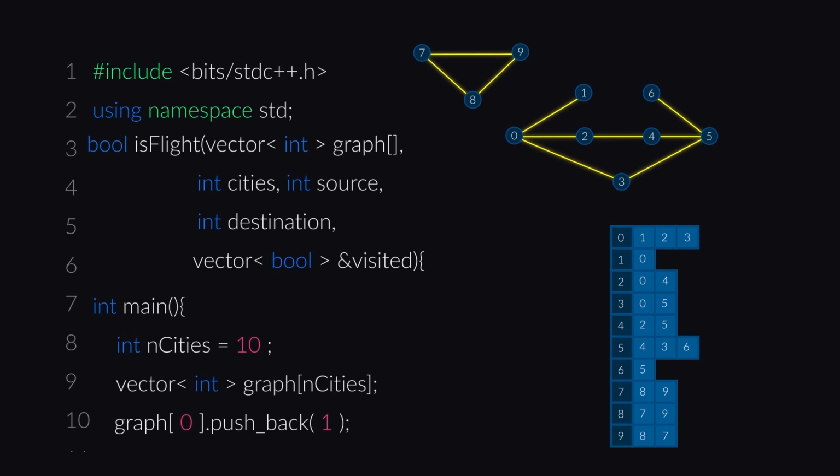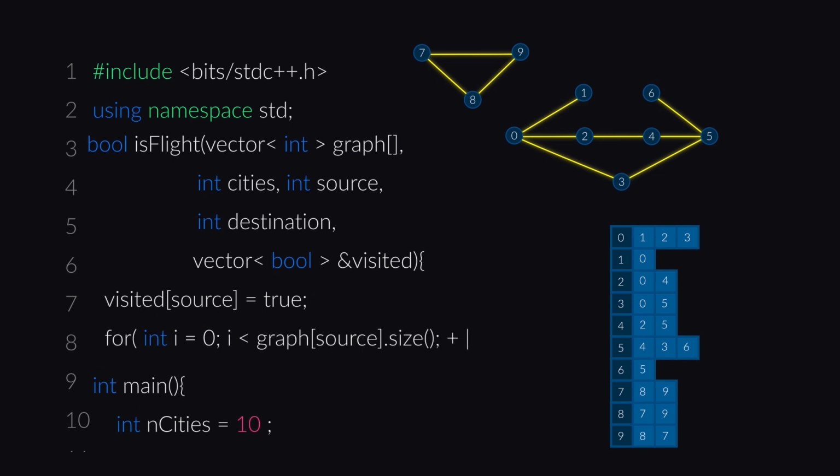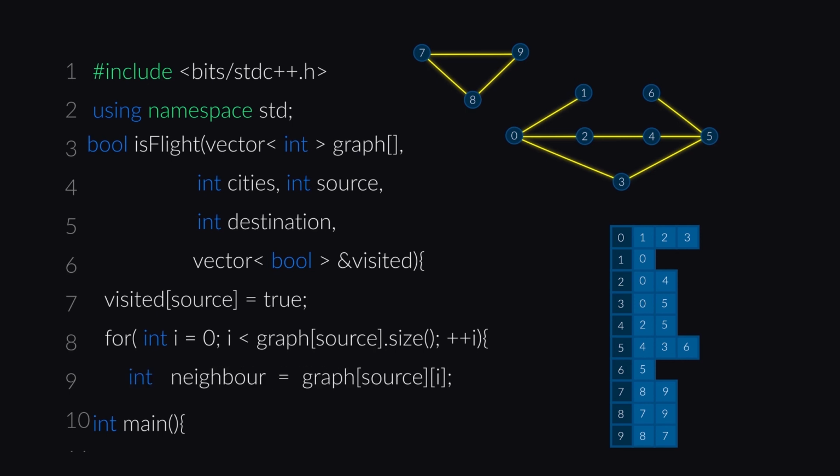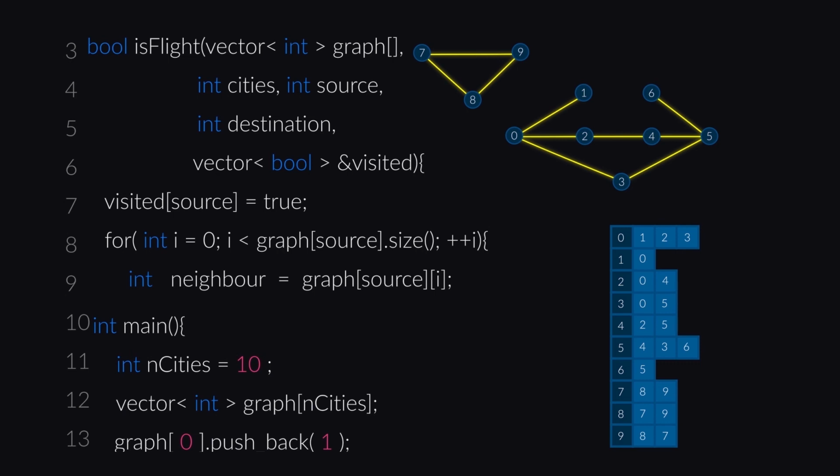First thing we do inside this function is mark the city as visited as soon as we enter inside this function. And then we check for all the neighboring cities of whichever city we are currently at. We create a variable called neighbor. One variable is enough because this for loop runs for all the neighboring cities.